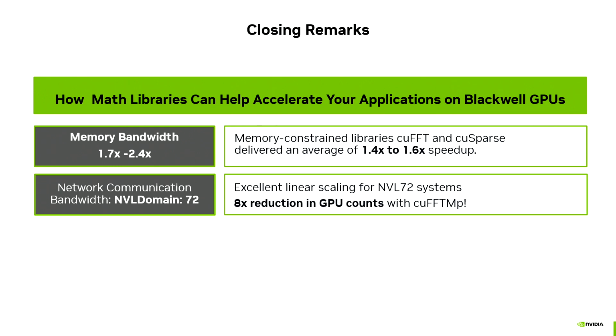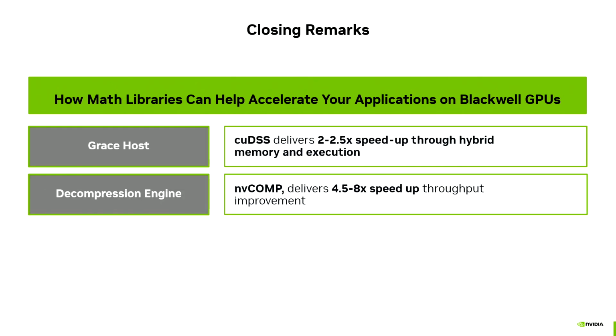Another key highlight, NVL72, is a system which is exceptionally good for scaling. With some libraries like cuFFT-MP, we have shown excellent linear scaling, which resulted in about an 8x reduction in the number of GPUs.